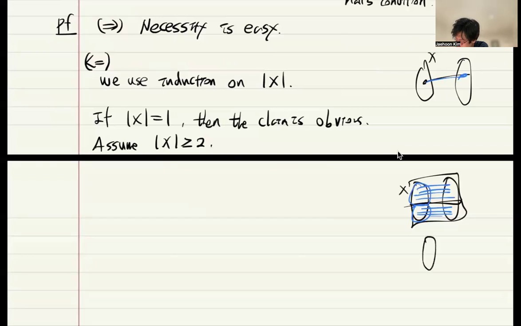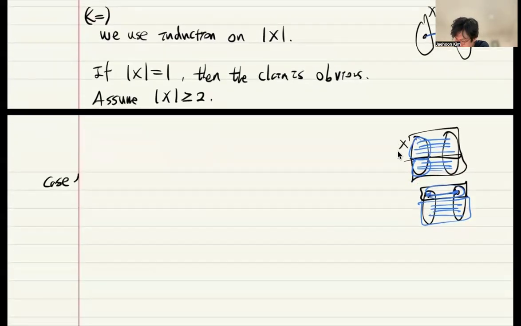And one pretty obvious case is that if we take one edge and delete it, and the remaining graph still satisfies Hall's condition, then you just apply induction on it. Then together with this one edge, it will be good, right? But when is that the case? In order for the remainder of the graph to still satisfy Hall's condition after deleting this one, the original must have satisfied Hall's condition with some additional margin.